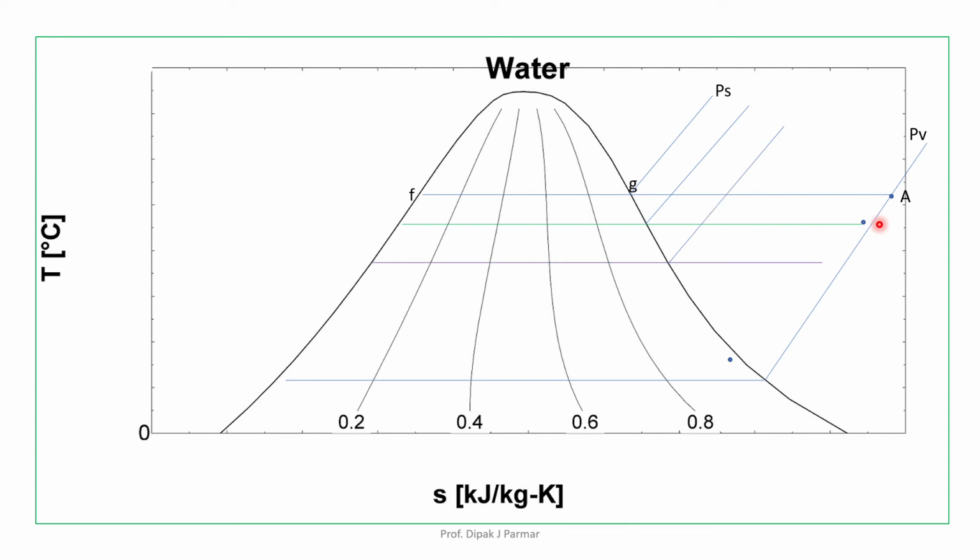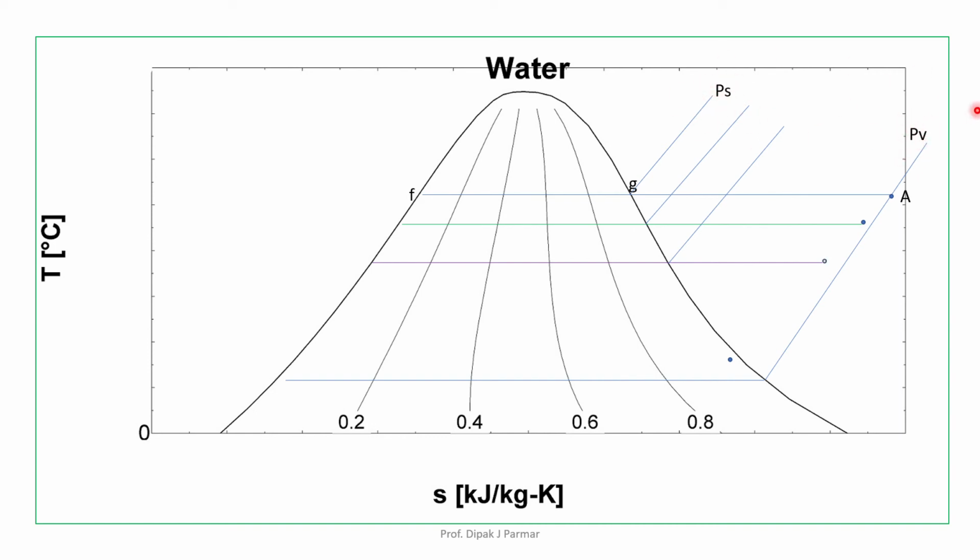This new partial pressure of vapor is still less than the saturation condition at this point. So this process will continue till the partial pressure of water vapor and the saturation pressure become equal.